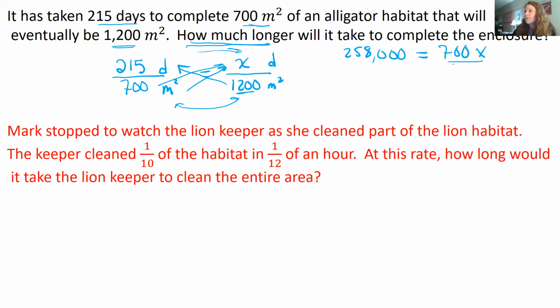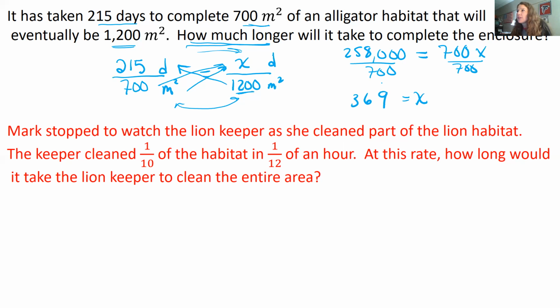All right, so we're going to divide both sides by 700, and x is equal to 368.57, which rounds up to 369 days.